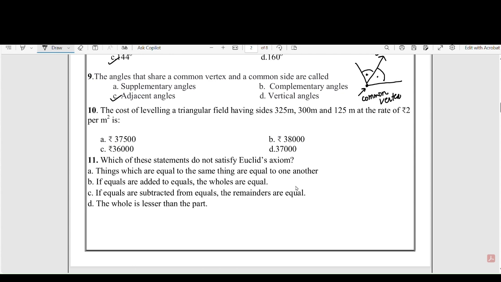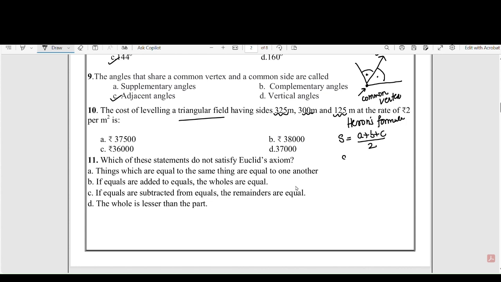Next, cost of leveling a triangular field when all three sides are different. So this is a case of scalene triangle. How do we find the area of a scalene triangle? Using Heron's formula. In that, first we need to find semi-perimeter, which says sum of all sides divided by 2.